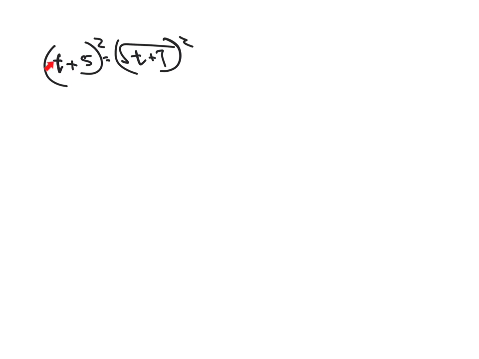I'm not squaring each term on this side. I'm squaring the whole thing, which means that takes me to using the FOIL method. Okay, equals. Okay, so far everything is the way you've done it in the past.